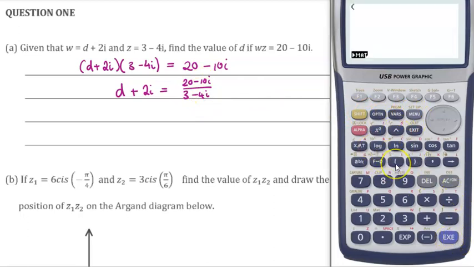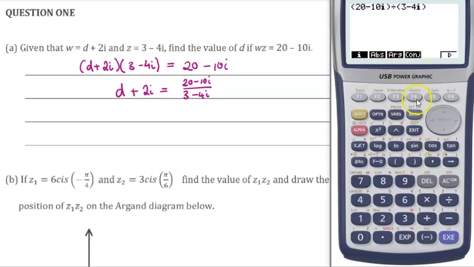We'll type that in, and it's 20 minus 10, and you can either do shift and then i to get the i there, or I'll show you on the next one. We'll do 3 minus 4, and then we go to options, and then right here for complex, we can press that button and we get the i come up here, so you can find it that way as well.